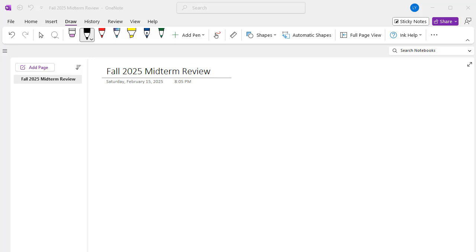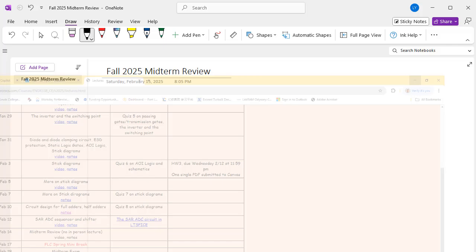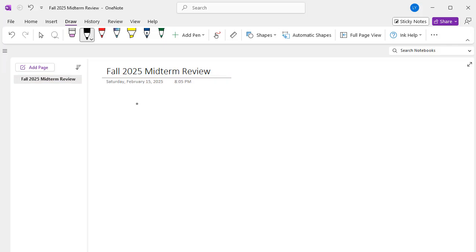Okay, so the midterm exam will be Wednesday the 19th, from 8 a.m. to 8:55 during the class time. The materials to study will be quizzes 1 through 8, homework assignments 1 to 3, and lecture videos and notes.